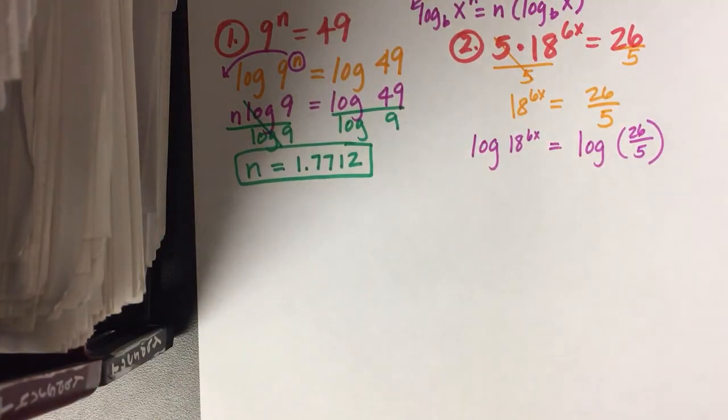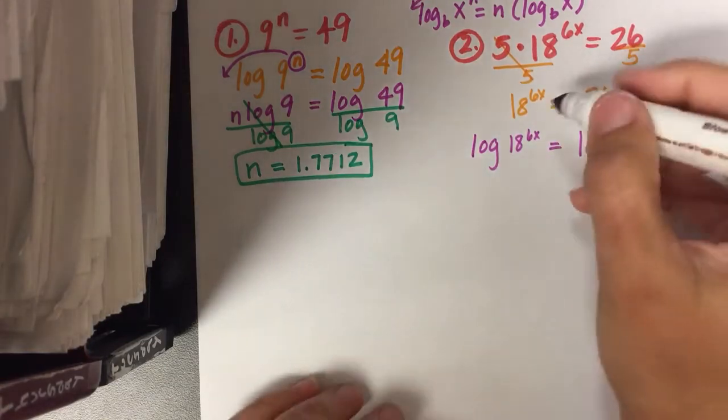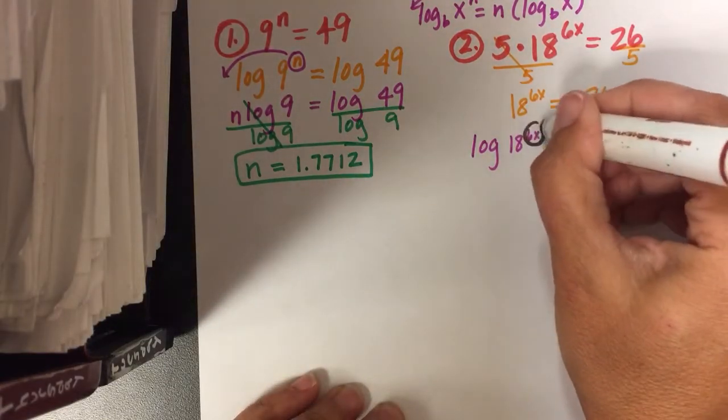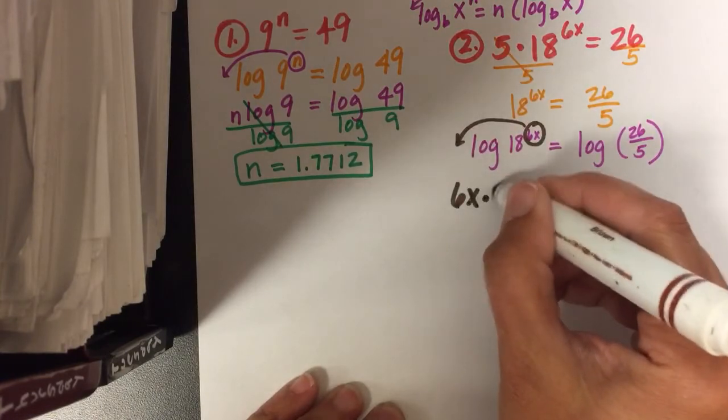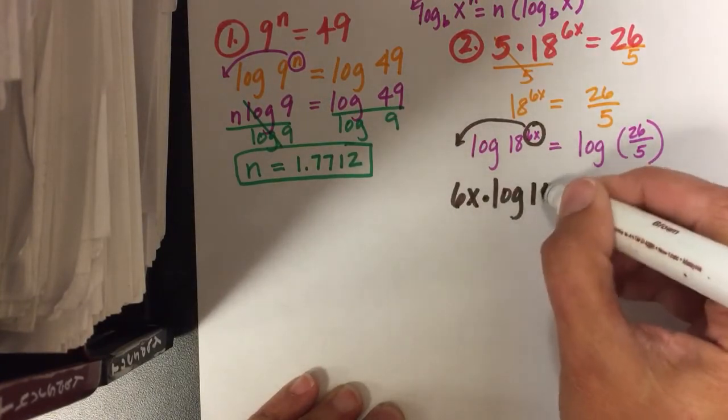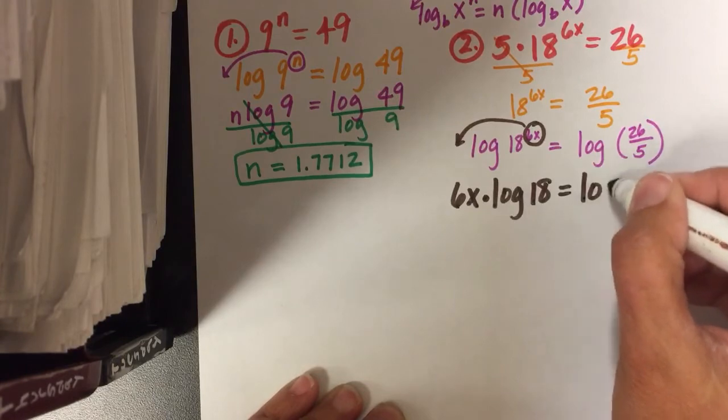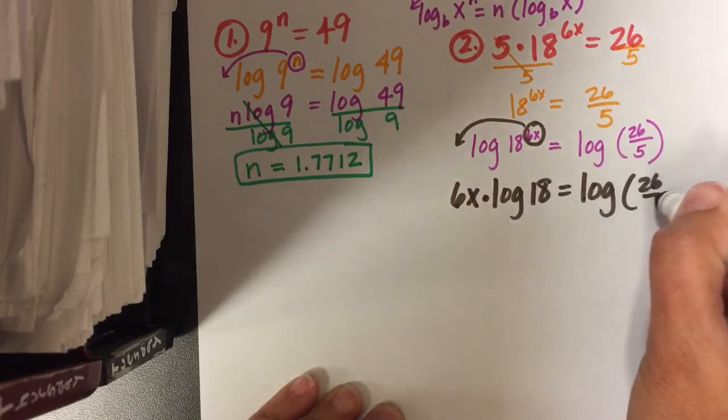So what do I do next? Well, I have this little thing called the power rule. You remember your power rules. So let's use the power rule. I'm going to take this 6x and move it in front. So now I have 6x times log of 18 equals log of 26 over 5.